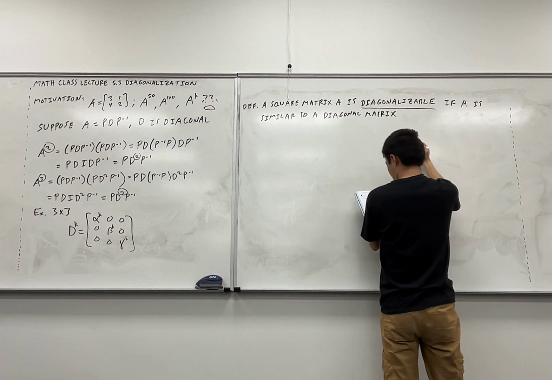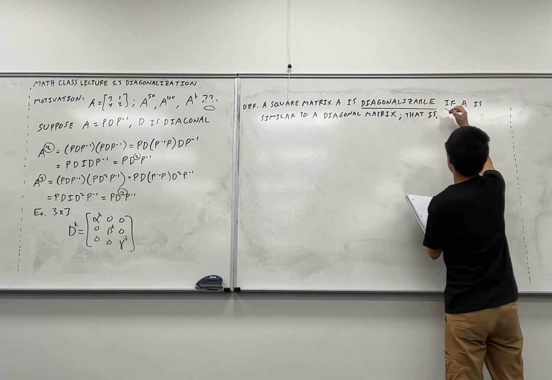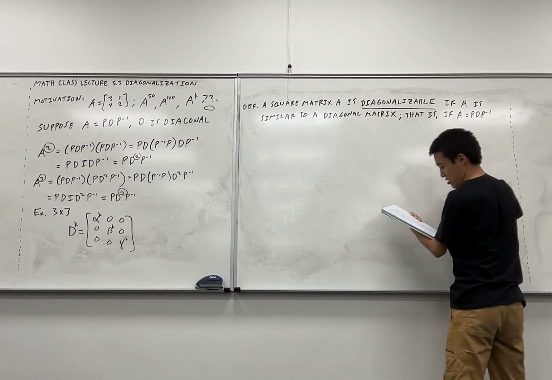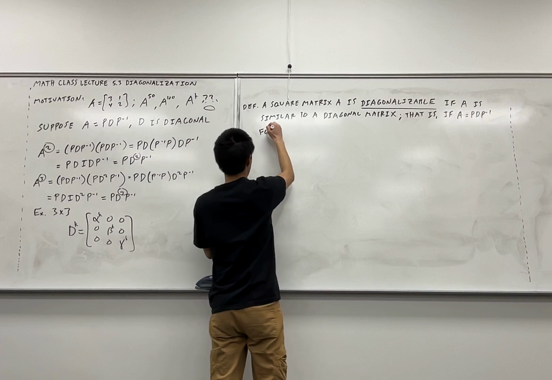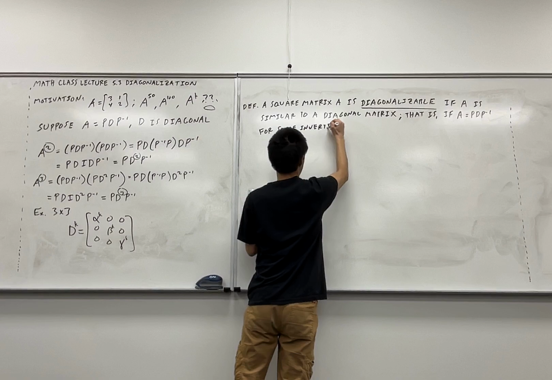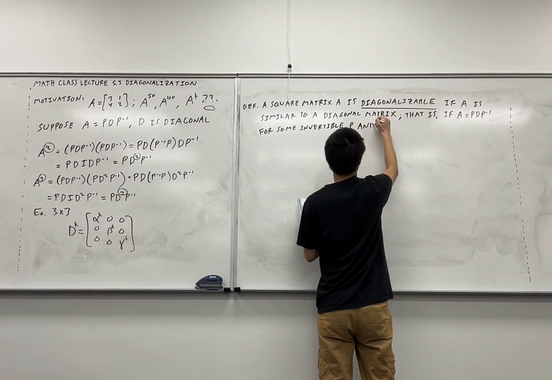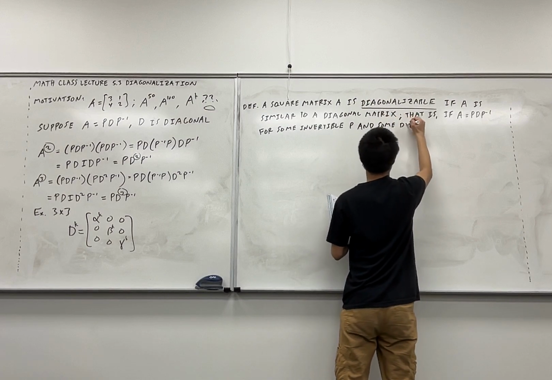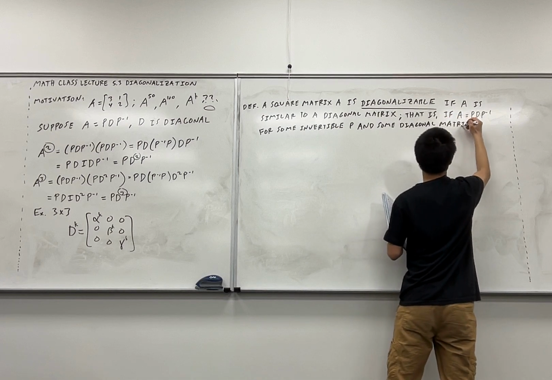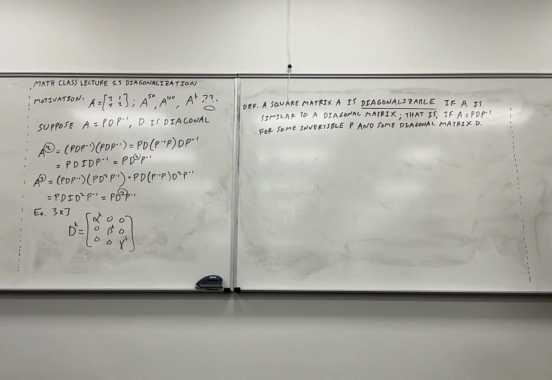That is, restating with symbols, if A is equal to some PDP inverse for some invertible P and some diagonal matrix D, then PDP inverse is similarity.